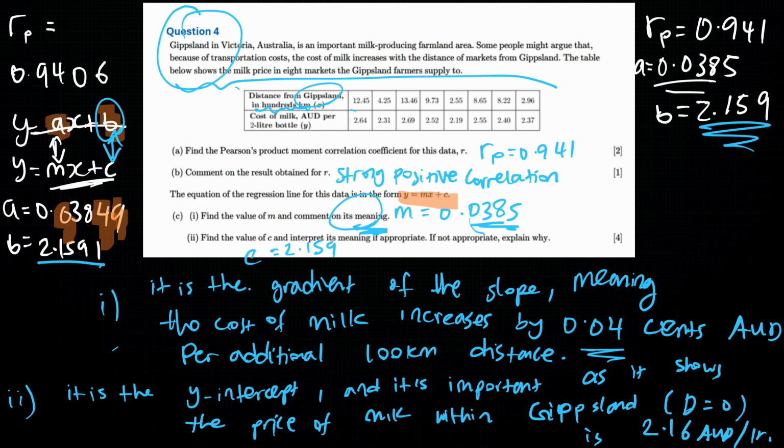This is how you need to answer this. Interpret its meaning, comment on its meaning question, relate it back to the question at hand. That is pretty much everything you need to know.